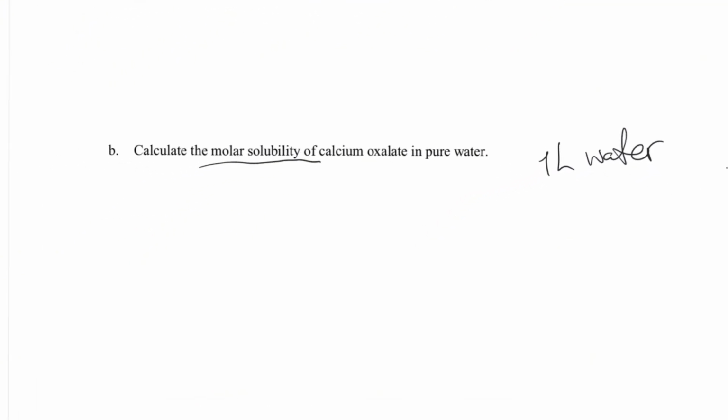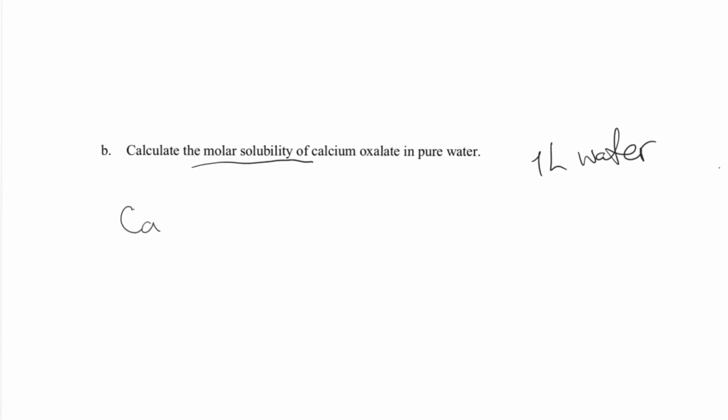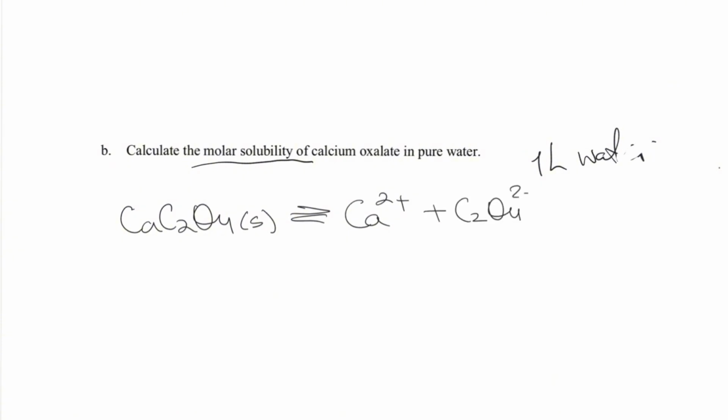Now we're going to write the reaction. The solid dissociates into calcium 2+ and oxalate ion 2-. Okay, let me clean this. This equation tells us that solid calcium oxalate dissociates into calcium ions and oxalate ions in solution.